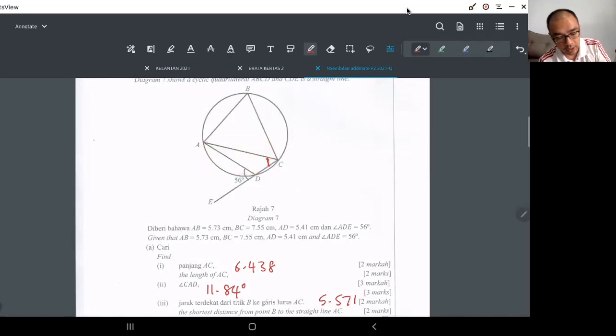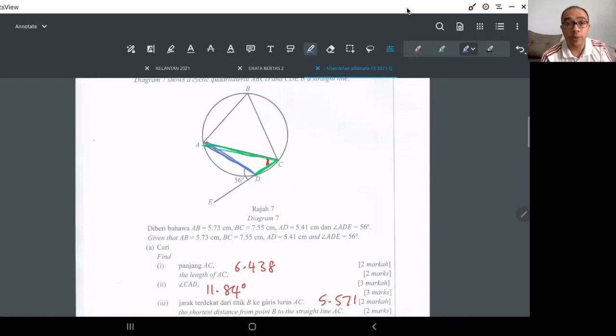This angle is touching this line and this line, so these two lines cannot change position. The only one that can change position now is AD.